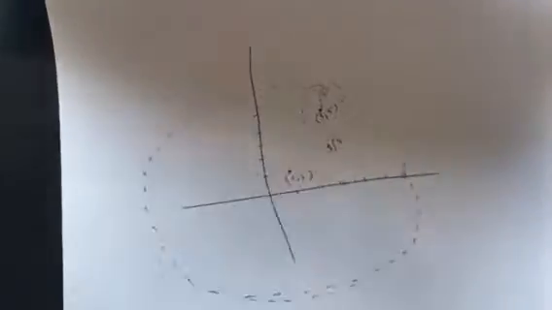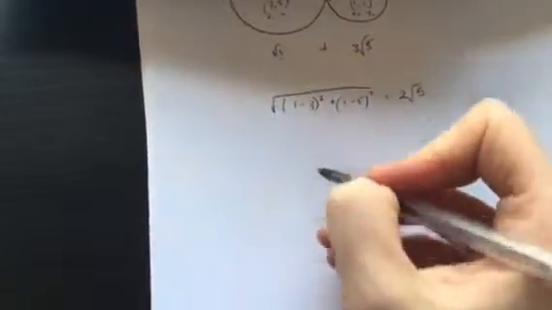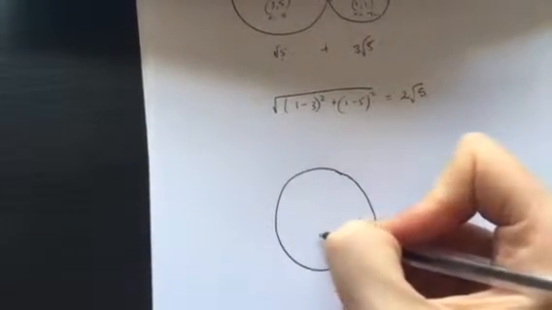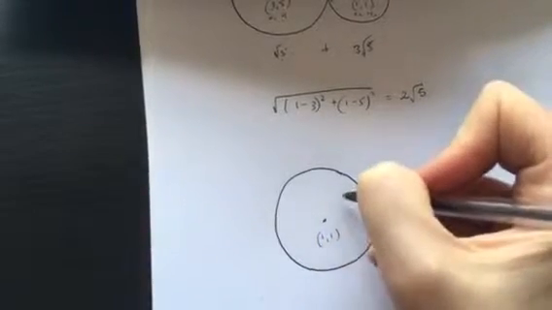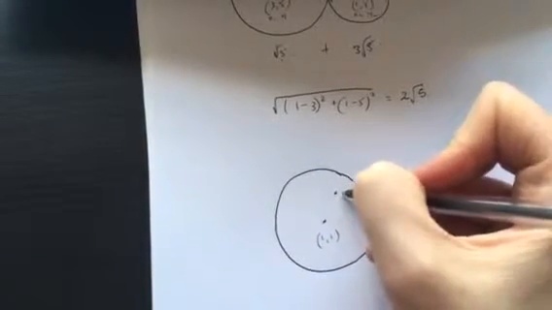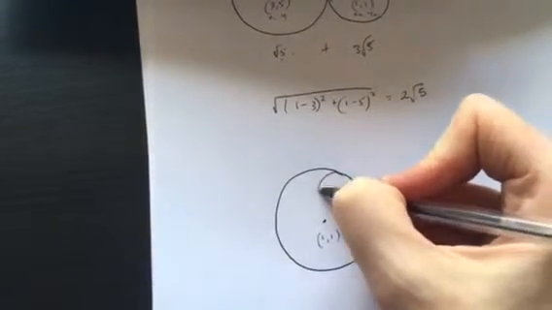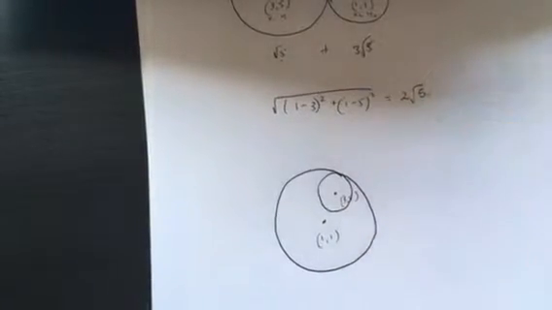Now, how do I figure out a method to show that they touch internally? Well, if I sketch, so I'll do the sketch a bit better this time. So this is 1, 1, and somewhere up here is 3, 5. And there's my other one, and I'm guessing that they do touch internally at this point.